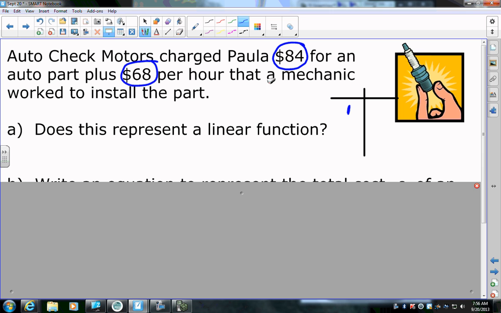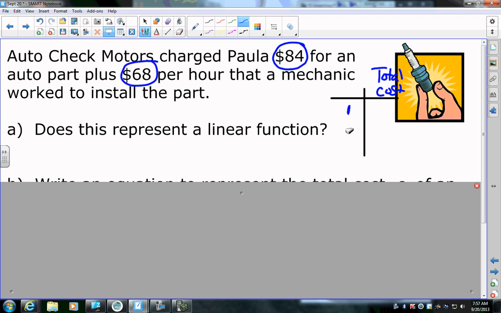What are the two things we're talking about? I know that it's total cost, right? Guys, when you have total cost, that's always going to be your dependent because that's your end result. At first I was going through the auto parts, but we're only getting one part, right? What are they charging me for?